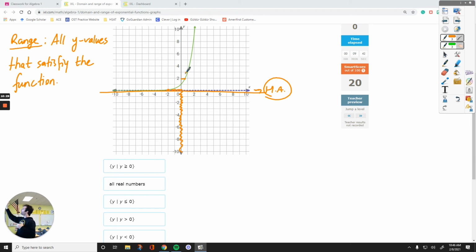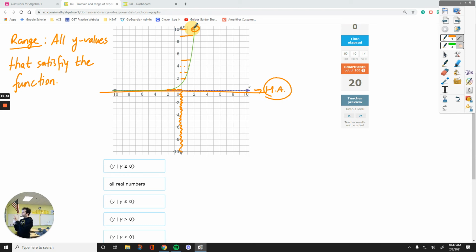But as we go up high, all these numbers are going to be part of the range. You don't see any other numbers at the top because the graph is not extended all the way to positive infinity. It stops. We only have limited space. But if you extend that green curve, that indicates that the graph goes on forever. Range is going to have all those numbers up there, starting from 0. But remember, 0 should not be included.